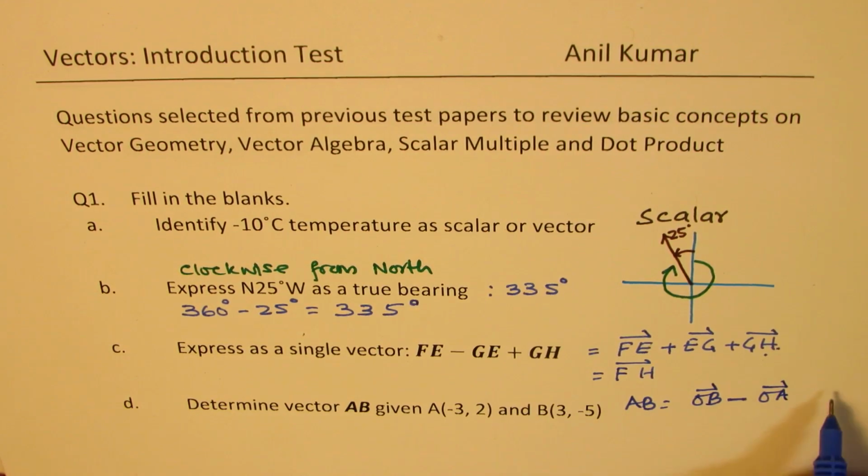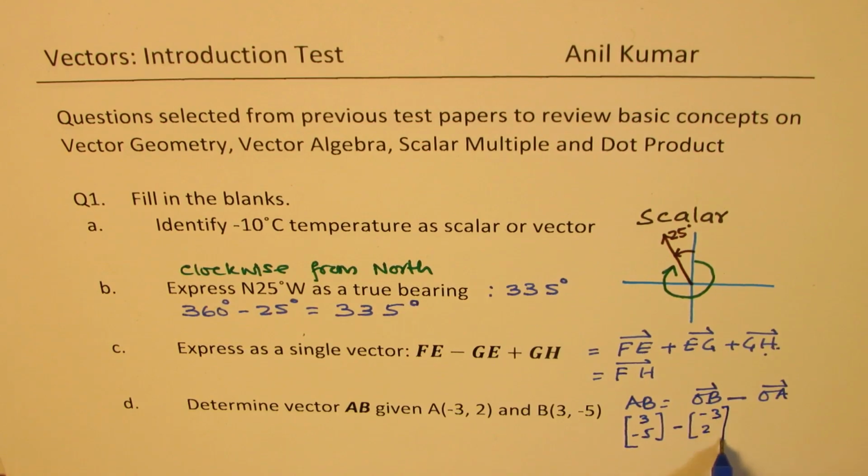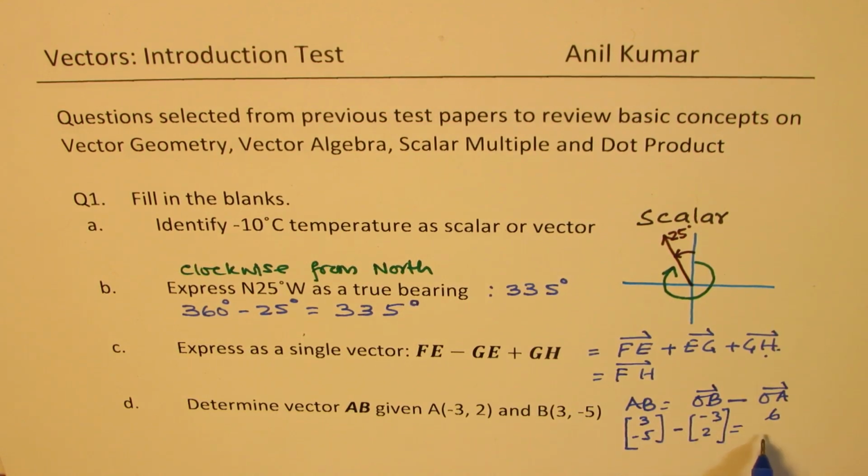That is from A to B. So you could do like this. So B is 3, minus 5, take away minus 3, 2. So 3 minus minus 3 gives us plus 6, and minus 5 minus 2 gives us minus 7. So that is the vector AB.